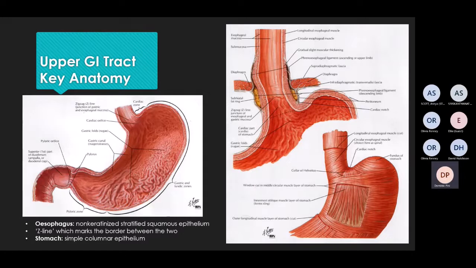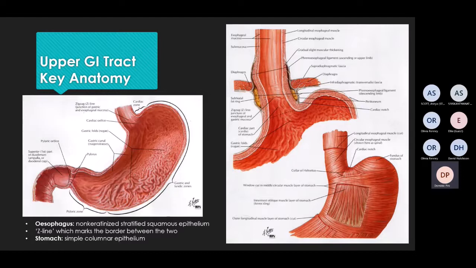But essentially, the inner lining of the stomach has several mechanisms to resist the effect of the acidic environment of the stomach on itself. But the mucosa of the esophagus does not. And this esophageal junction acts as a one-way valve mechanism to prevent that gastric juice flowing back up into the esophagus.